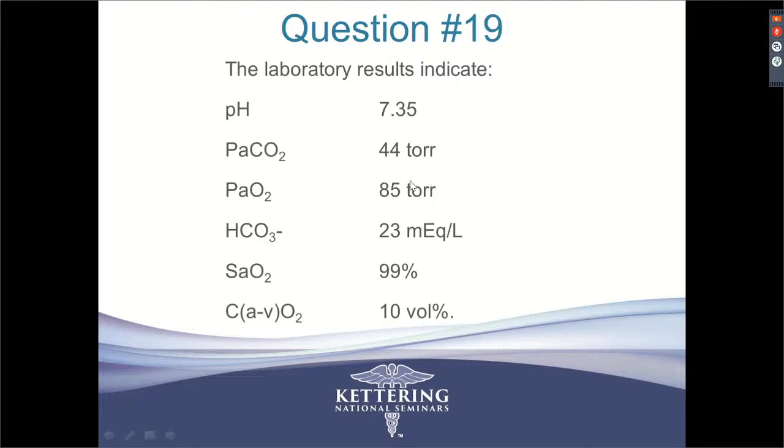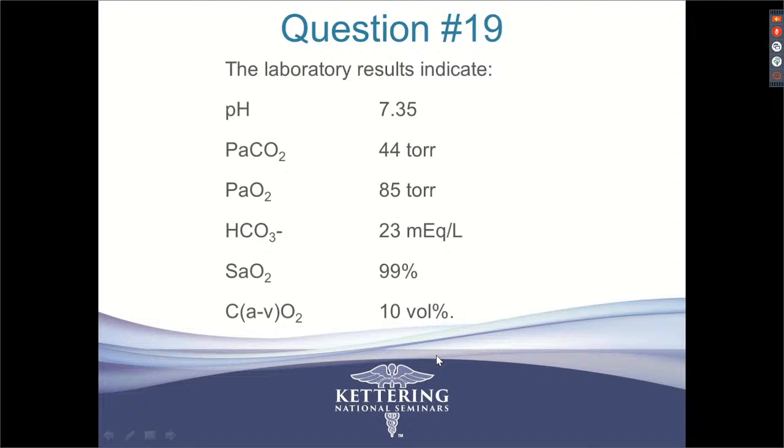Have they given me any other information? Well, the only other information they gave me is this right down here. Oh, what does that mean? AV difference. What does AV difference tell me about? Remember, I told you, anytime you see that V, that venous, you need to be thinking cardiac output. So what does this AV difference number tell me about this guy's cardiac output? Remember what normal AV difference is supposed to be?